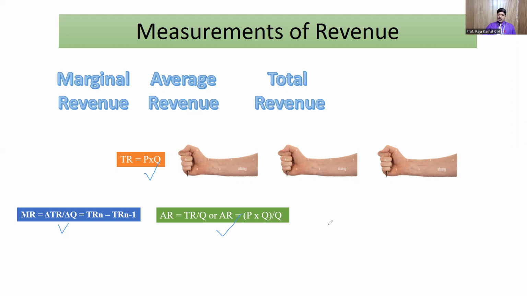Revenue received was 100, number of units sold was 10, 100 by 10 is equal to 10. So average revenue is equal to 10. Or else, total revenue received was 200 and quantity sold was 10, 200 divided by 10, then it will be 20.